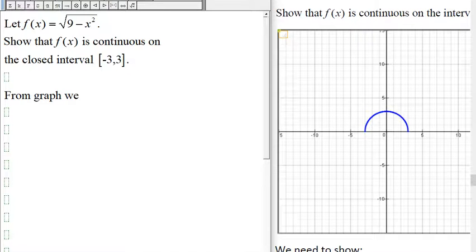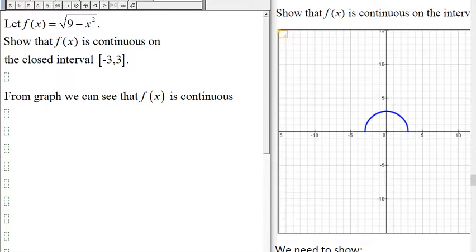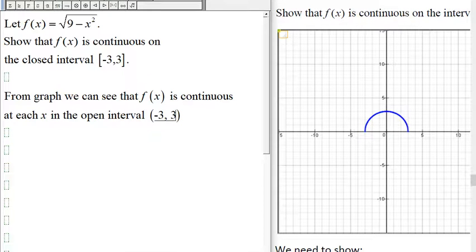So from the graph, we can see that the function f of x is continuous at each x in the open interval from negative 3 to 3.